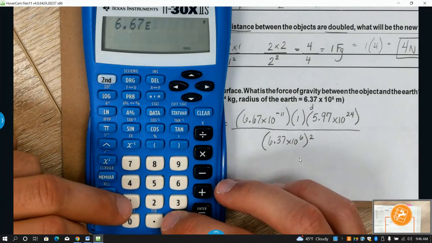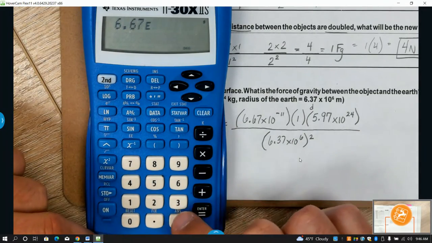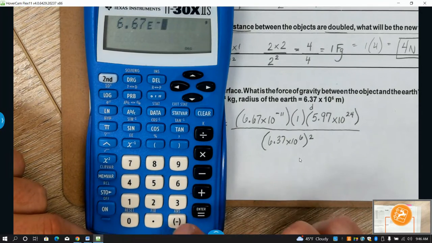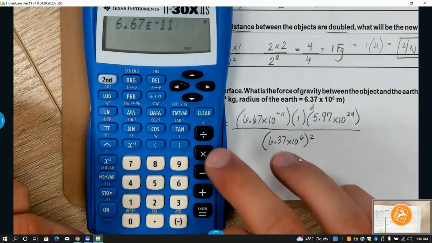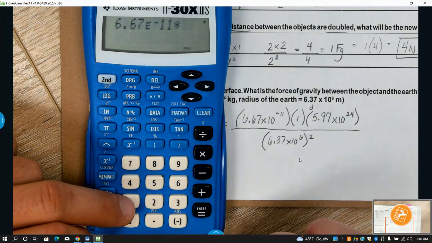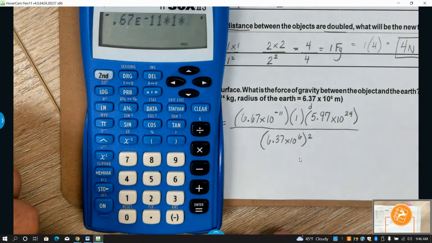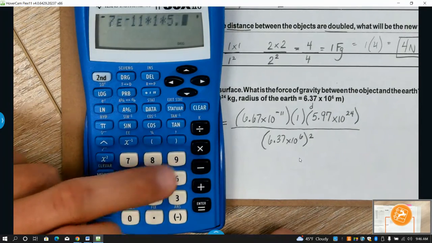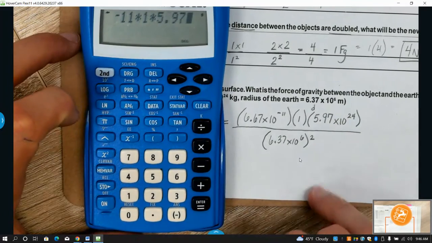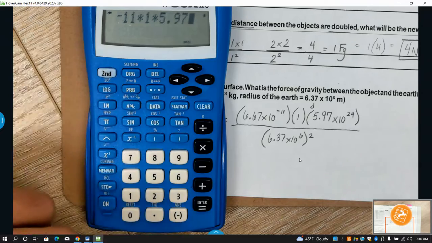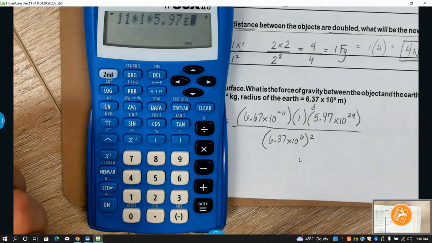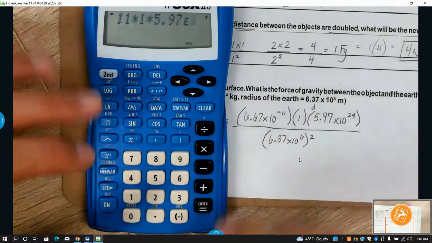But if it is negative, then you're not going to put minus, but you will put a negative sign. So you're going to hit negative 11. Then we can go times 1 times 5.97. And then what would I hit? E, right? Not times E, just E.